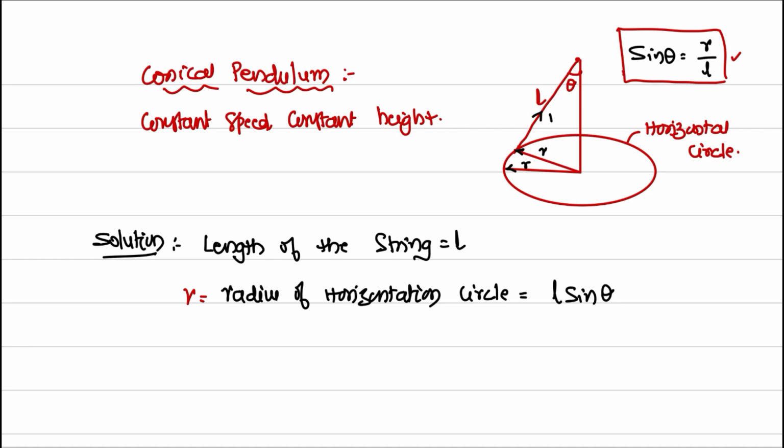Let this be the tension in the string, T. T will have a vertical component and a horizontal component. I have already explained T vertical and T horizontal in my vector classes.